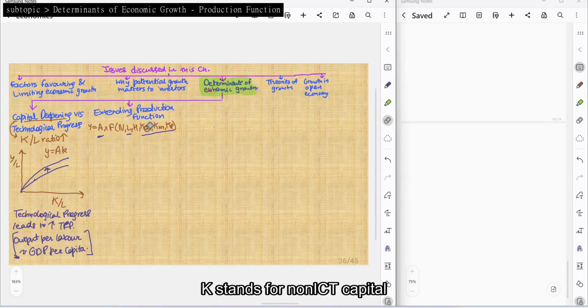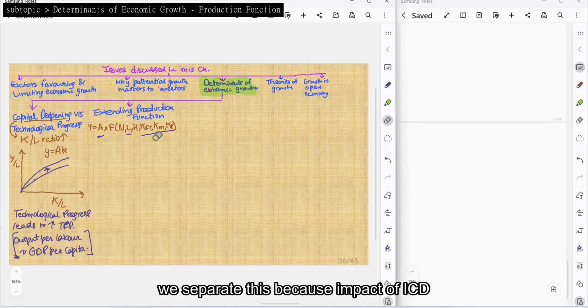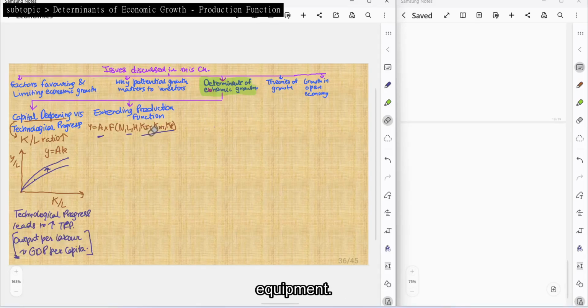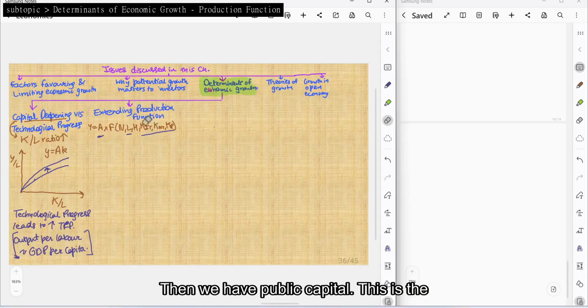KNT stands for non-ICT capital. We separate this because the impact of ICT capital is quite substantial compared to regular equipment. Then we have public capital.